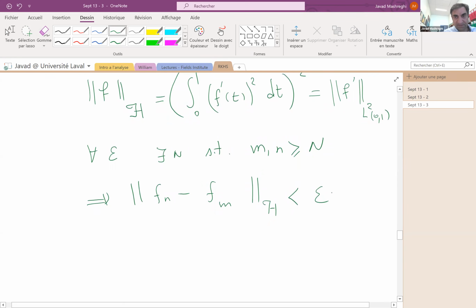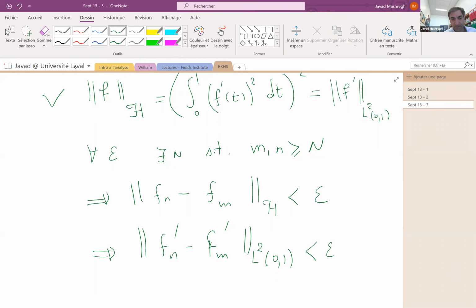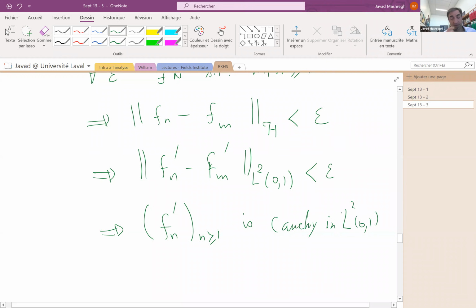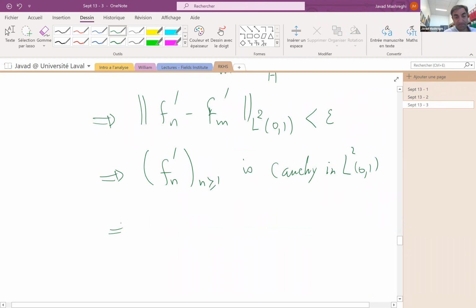But Fn minus Fm has norm equal to the norm of Fn prime minus Fm prime in L2, by this identity. Therefore, Fn prime is Cauchy in L2 of 0, 1. Since L2 is complete, there exists g such that Fn prime goes to g in L2.